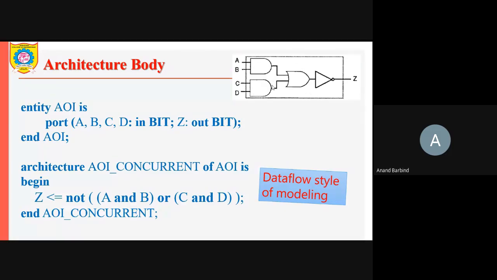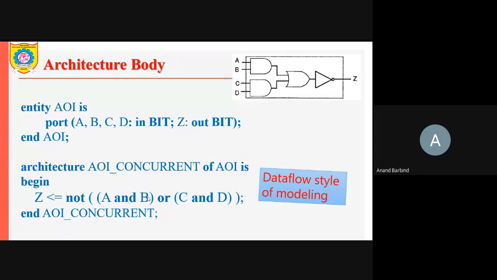How this circuit should behave is described here in the form of the statement A and B. So we want to perform the operation on A and B, which are the inputs here.